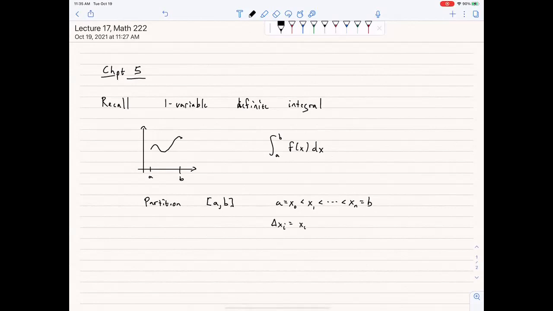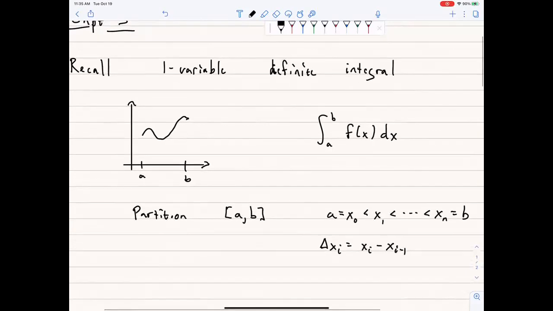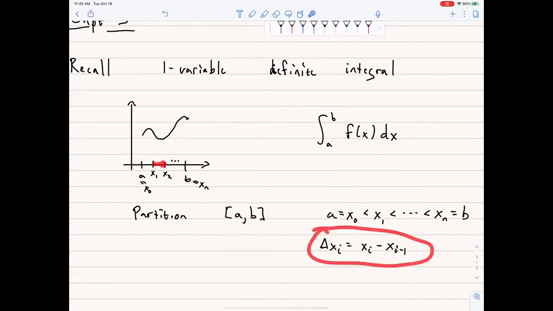So this is a partition: we're taking this interval and breaking it up, A is equal to x naught, x1, x2, until we go all the way to x sub n. And then we look at one of these subintervals and find its length, that delta of xi.